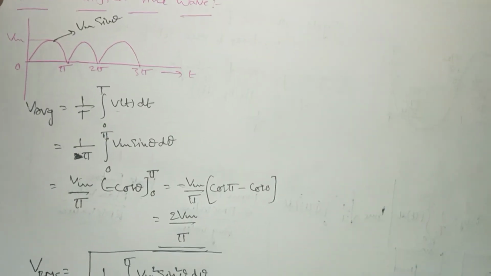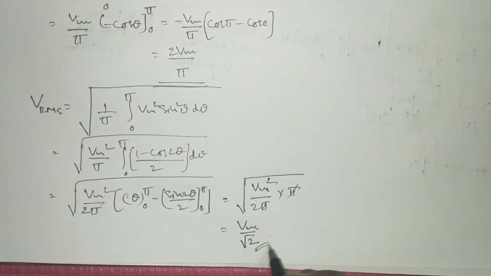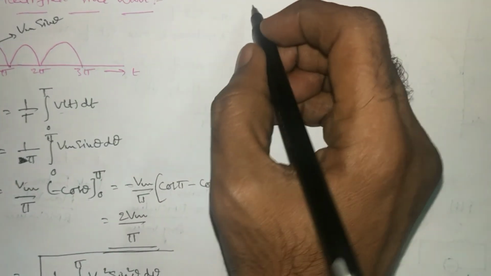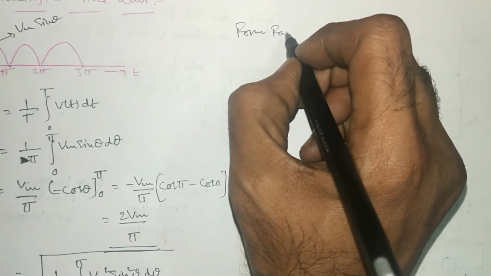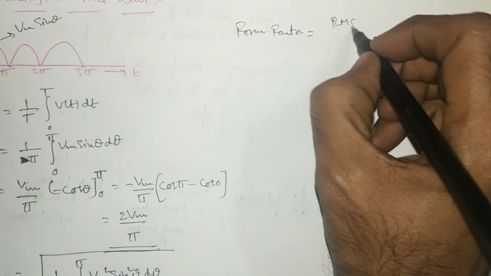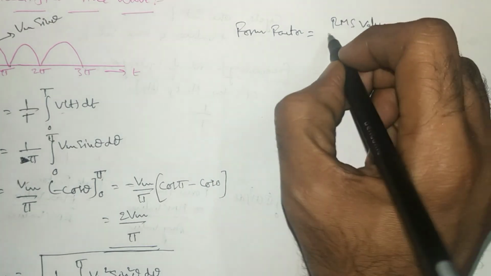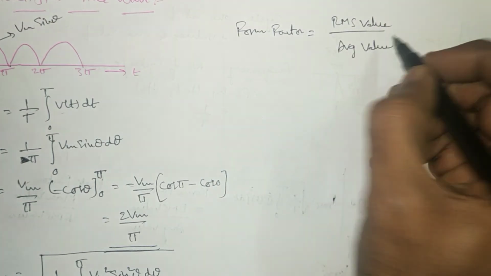Once we evaluate the RMS value and the average value, we can go for the evaluation of the form factor. The form factor is equal to the RMS value of the alternating waveform divided by the average value.